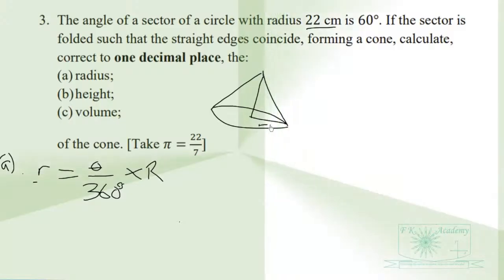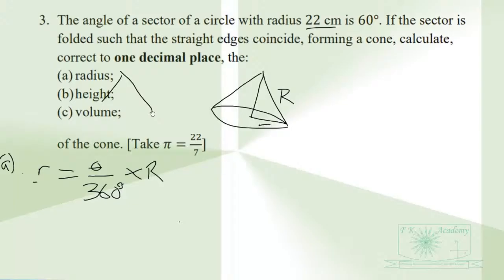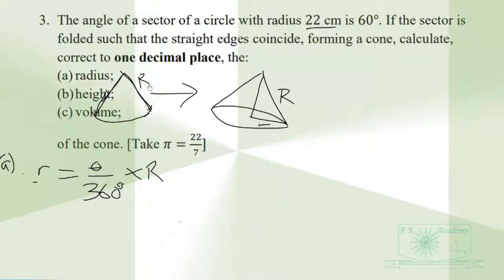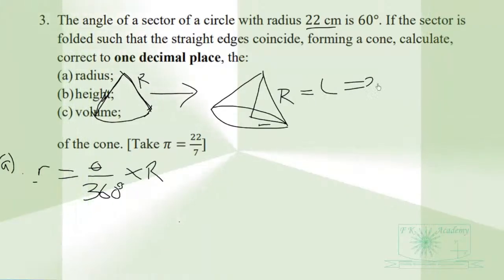This is the sector that is folded to form the cone. So the radius of the sector will be equal to the slant height of the cone, which is 22 centimeters.